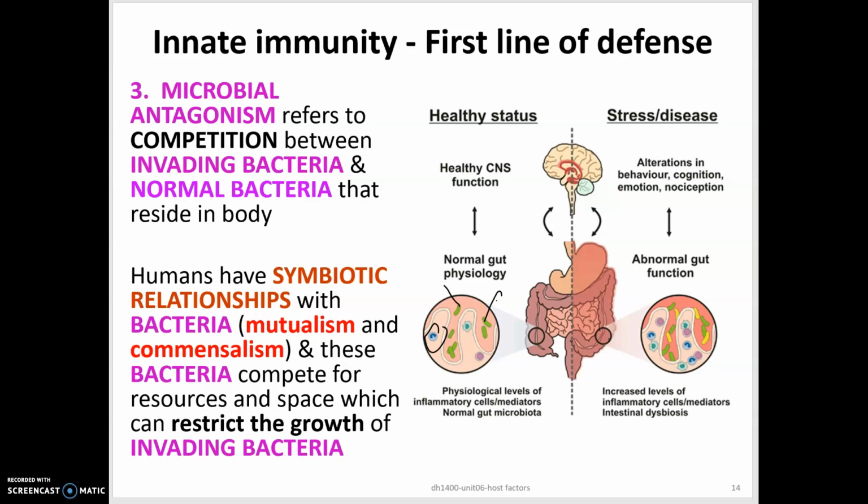If we don't have normal functioning gut bacteria, you'll see we have more of those cells that are causing inflammation that are caused by stress. As a result of that, we can have these different types of cells moving in. So these yellow rods that you see here, they could be pathogens and they could cause stress or disease. So having healthy normal flora will help restrict the growth of invading bacteria.